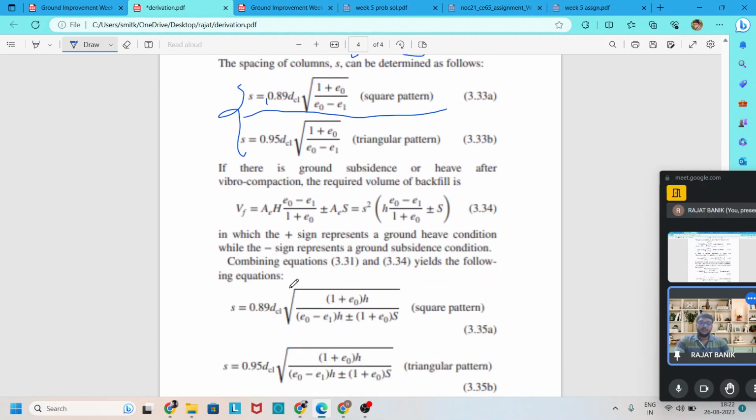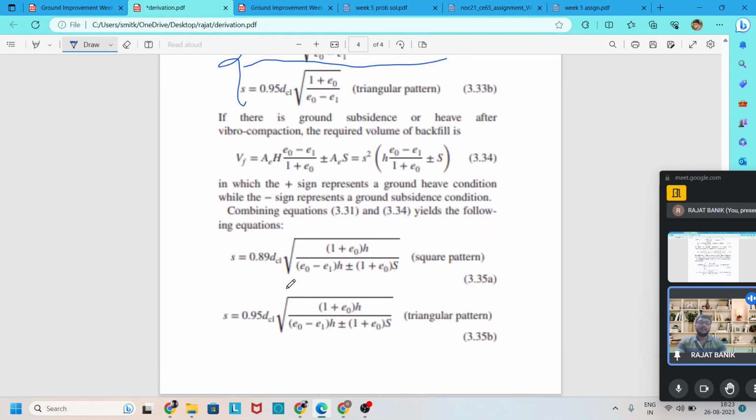And the third case: when we apply the backfilling material, sometimes the ground subsides or settles down. Don't confuse about the S here. One is small s and another is capital S. Small s represents the spacing, and capital S represents the settlement when we apply the backfill material.